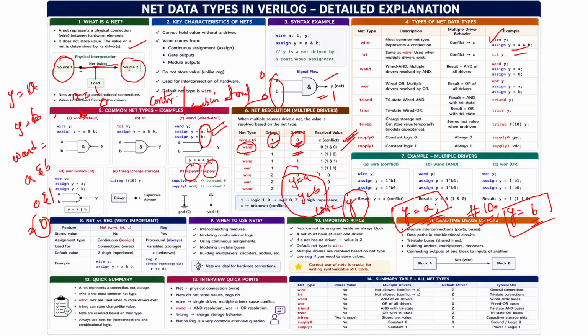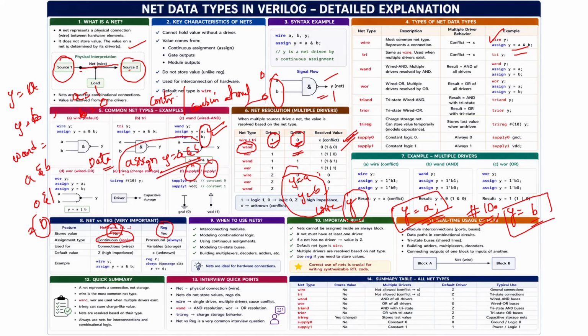So reg has a storage value. Wire has no storage. So wire doesn't have any storage. Reg has the storage value. Wire is used for continuous assignments. See, we have covered the data flow model, right? So how are we assigning the values for the data flow? The keyword we are using is assign. Assign y equal to a and b.